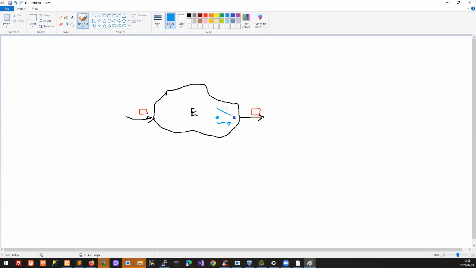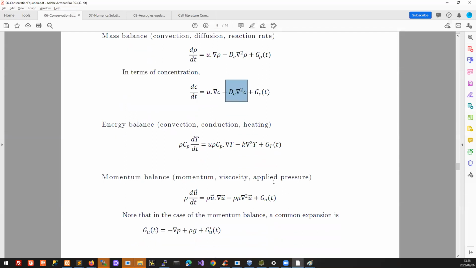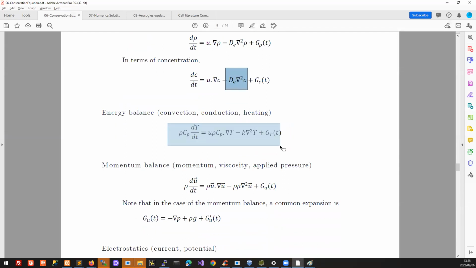So initially it might be like that, but slowly those temperatures will equalize. And so you have a tendency for energy to diffuse also, or conduct. So that's conduction of thermal energy. So it's the same concept as diffusion of mass. Okay, so that's what we have for energy.